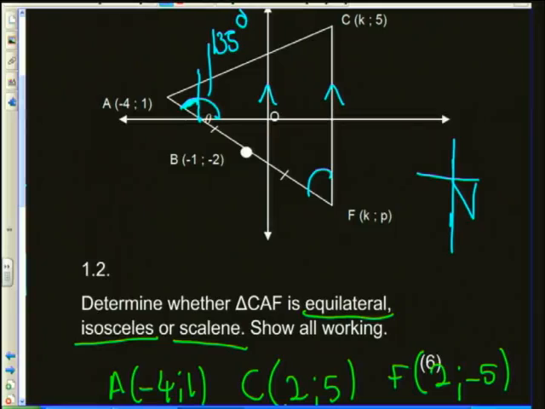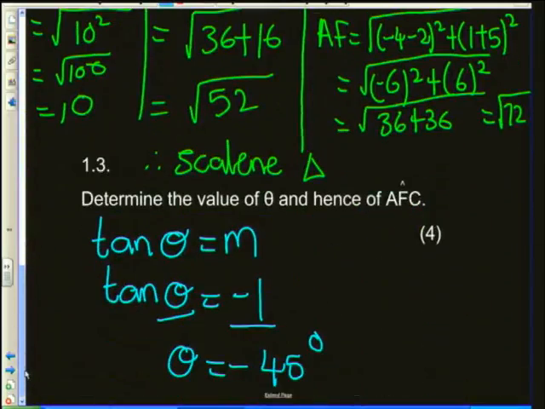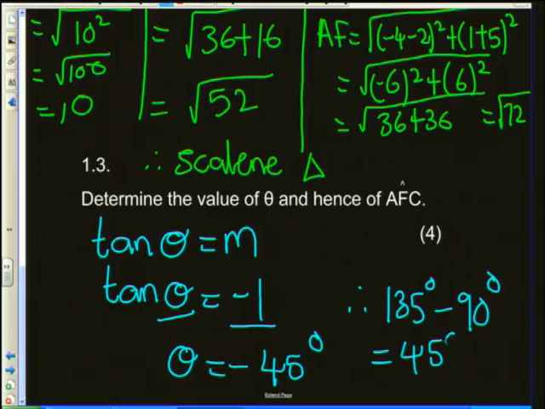To work out this angle, the answer is going to be 135 minus 90, which is equal to 45 degrees. That is my value of theta. That's how big that small angle is.